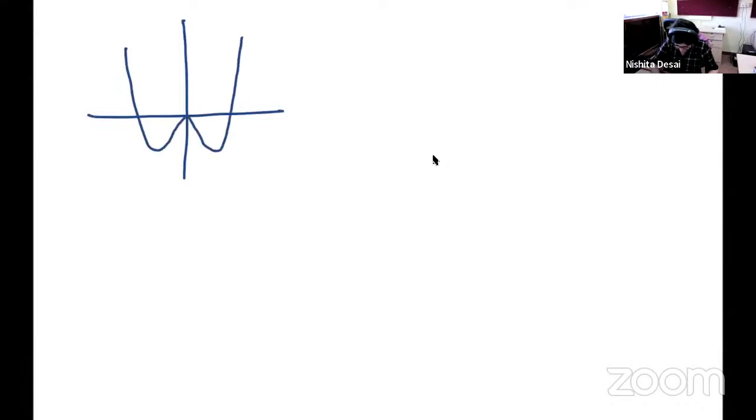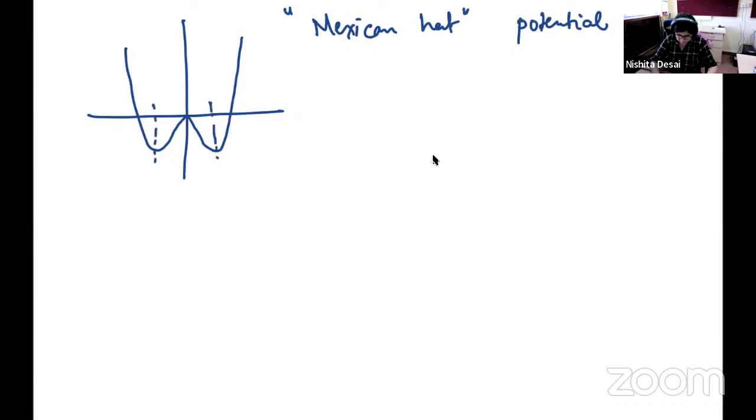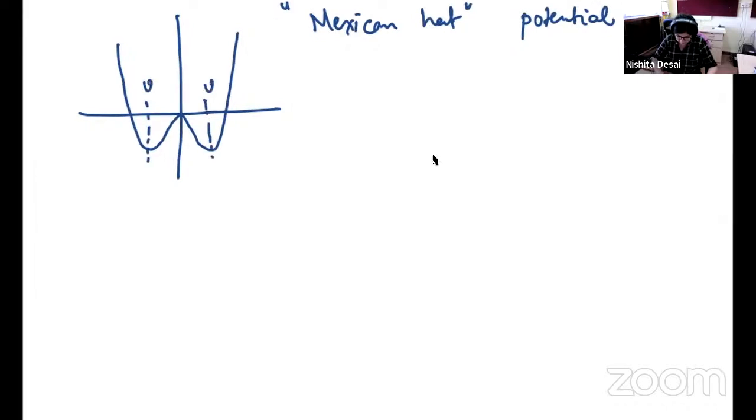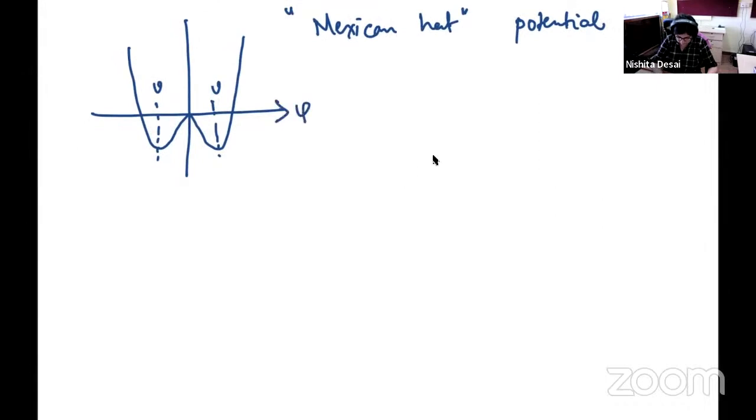So let's draw what this looks like. This is what is called the Mexican hat potential, because it looks like a sombrero hat that you put on, and it has these two minima. So this is phi, and this direction is V of phi.